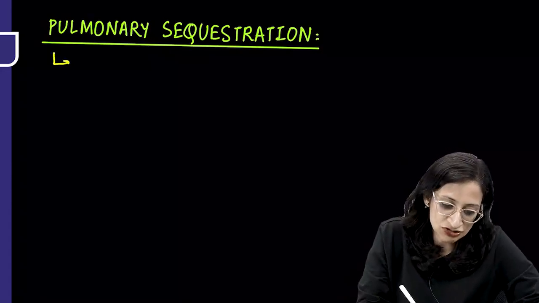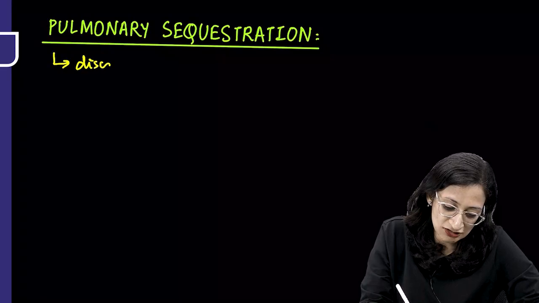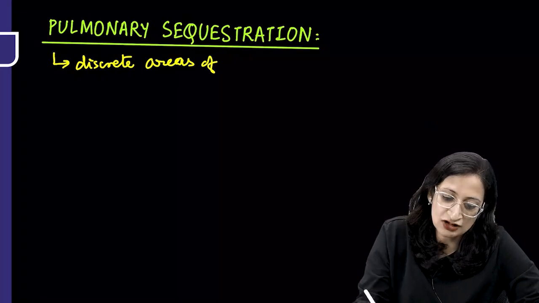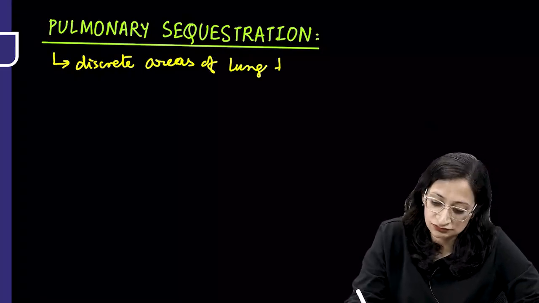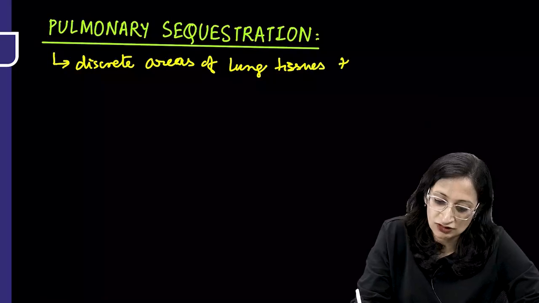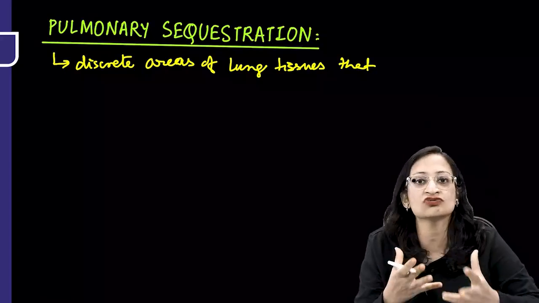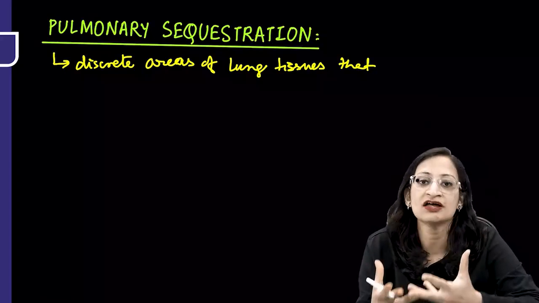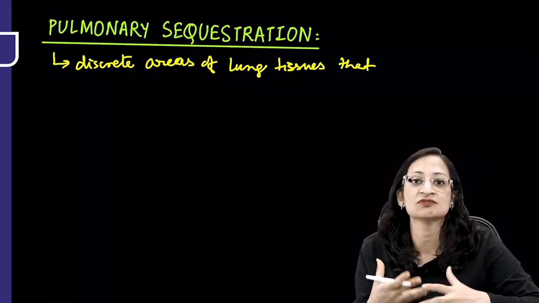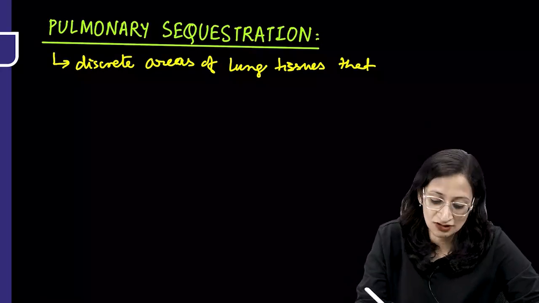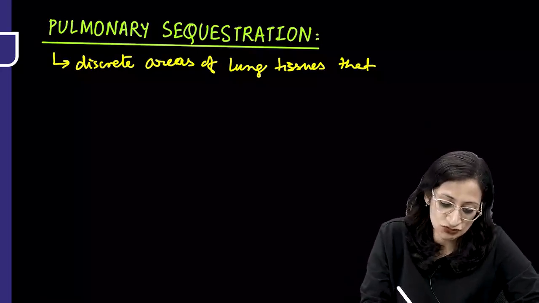So what will happen? The secretions which are generated there stay there and are not drained out, and it becomes a focus of infection. So there is recurrent pneumonia in these children.